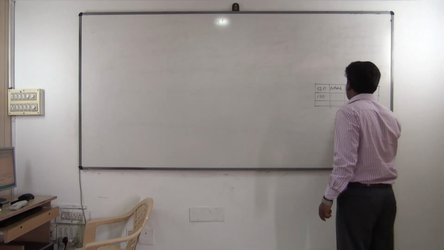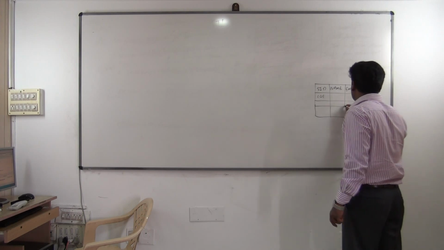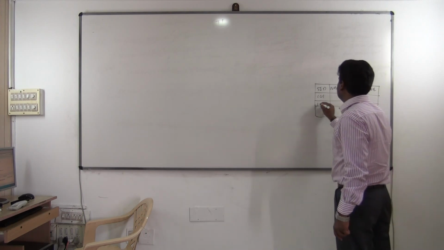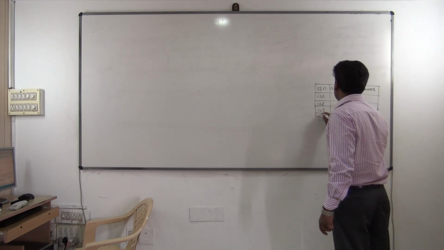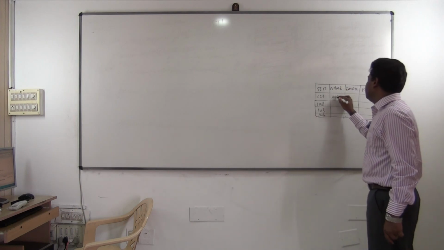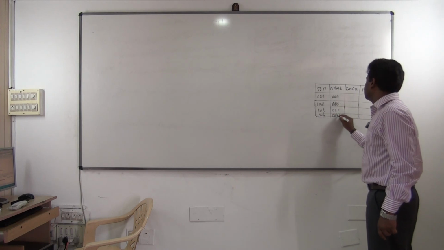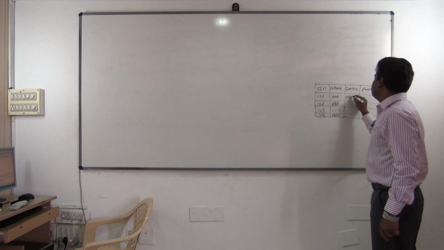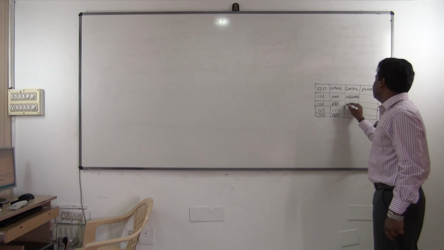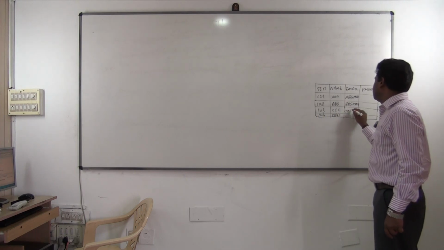You can have any number of records. Just I'm maintaining 4 records here. A@Gmail, something like that you fill. B@Gmail, whatever value.